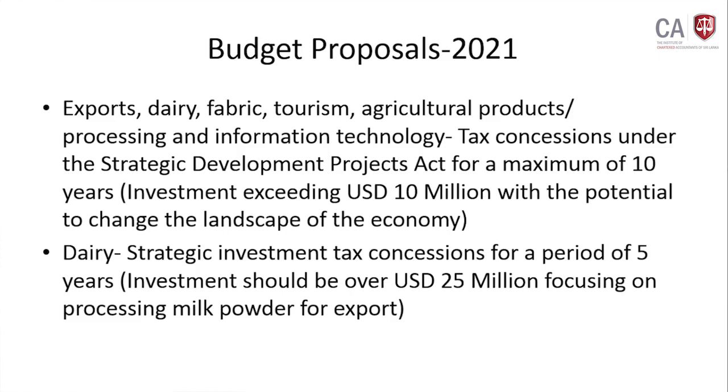We can capitalize on this opportunity. If you are going to make an investment over 25 million US dollars, focusing on processing milk powder for export, you can get a 5-year tax concession. So, this is an opportunity for this particular business.